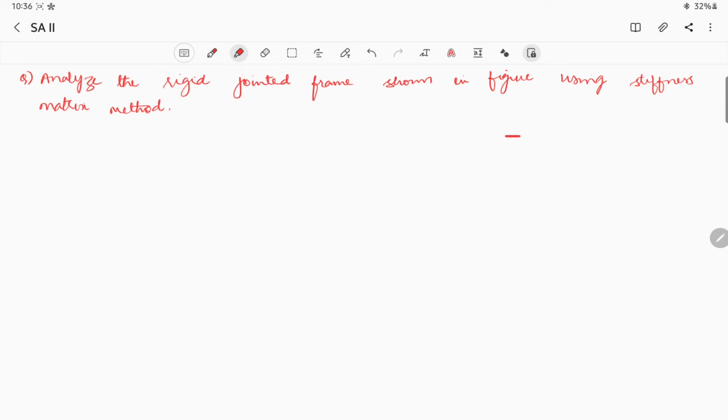The figure which is given to us in the question is this one. This is the rigid jointed frame given to us.